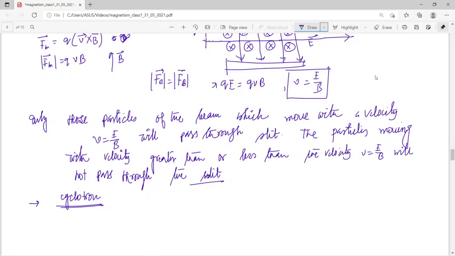When you are doing nuclear experiments, high speed neutrons come with some velocity and hit the radioactive element, and then the process starts. How can we produce this high velocity neutron? That would be produced by a particle accelerator.